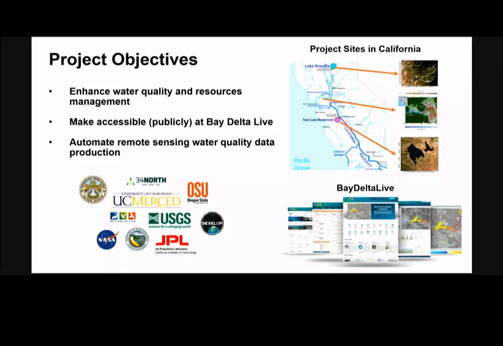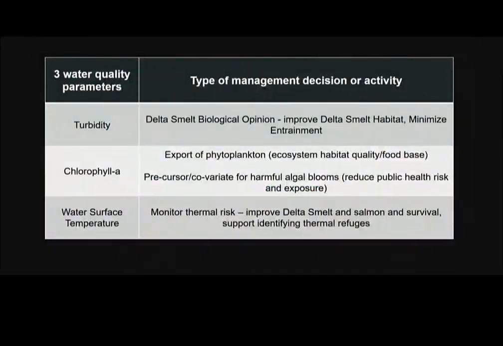As I mentioned, we're focused on California's water systems, so the 3 different sites that we're focused on in this project currently are the San Francisco Bay and Delta, Lake Oroville, and San Luis Reservoir, as we've noted up there.